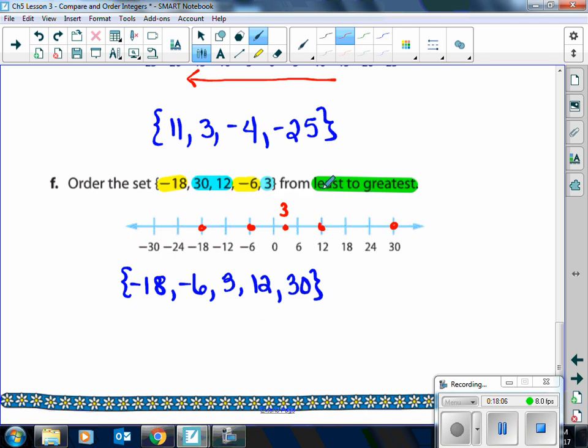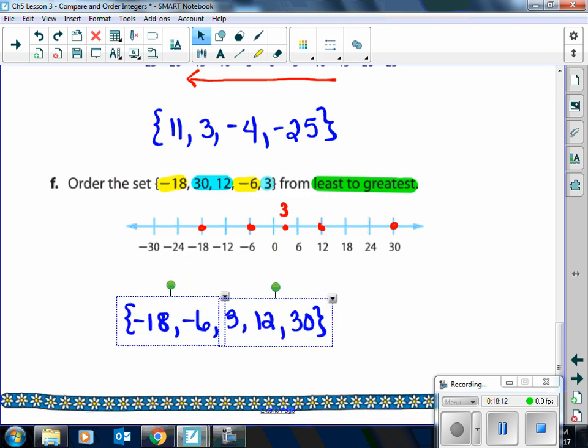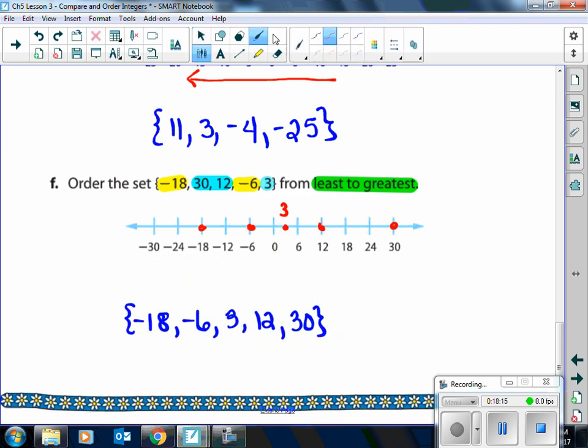So when we're going from least to greatest, we're going to read this from which direction? Least to greatest. From left to right. Very good. So we've got negative 18, negative 6, 3, 12, and 30.